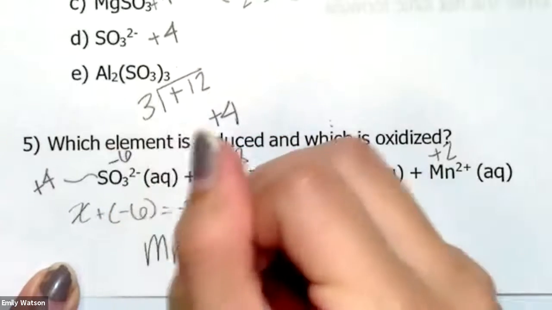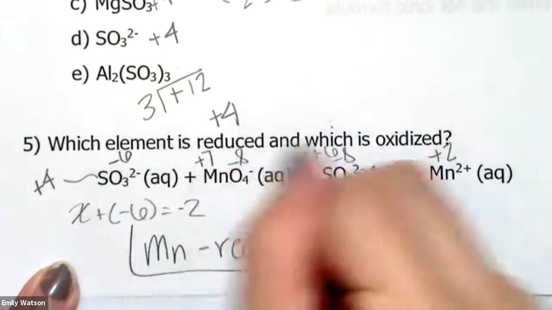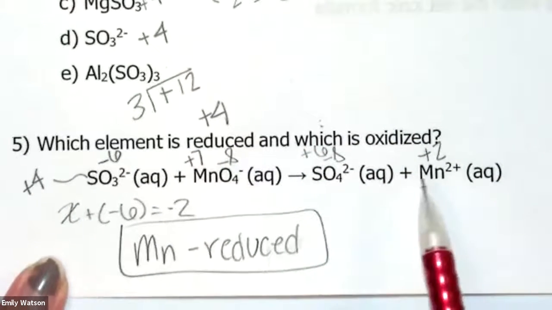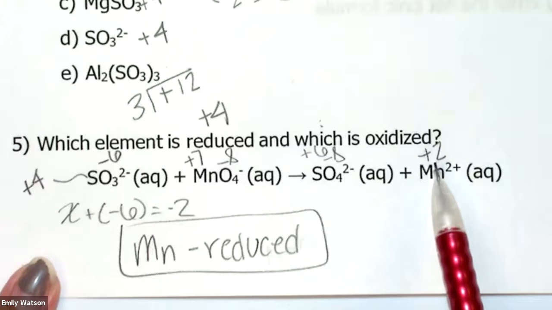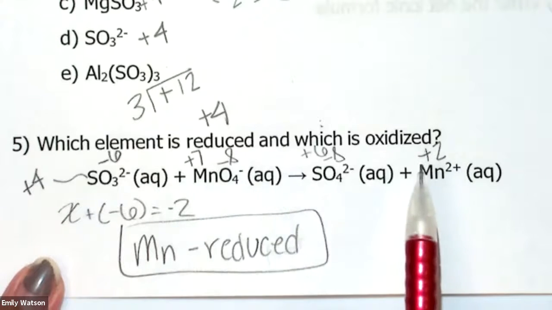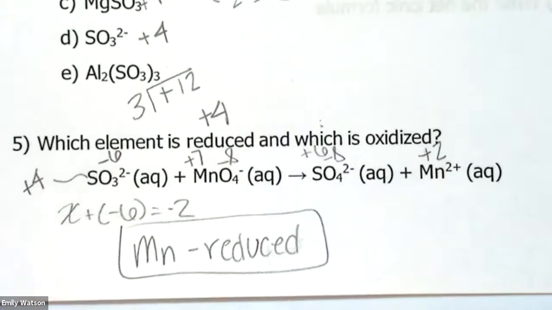So manganese is reduced. This is another important concept I really wanted to hit on. Just because this isn't negative doesn't mean it's not reduced. It still gained 5 electrons. Even though it didn't go into the negatives, gaining electrons is always reduction.